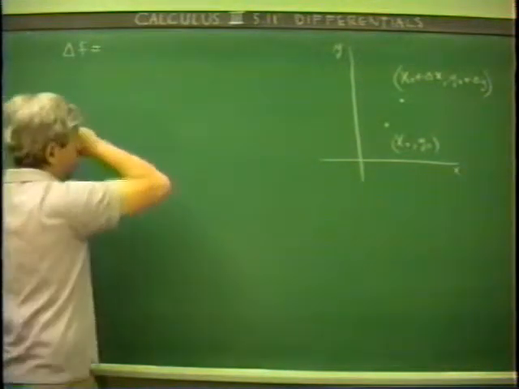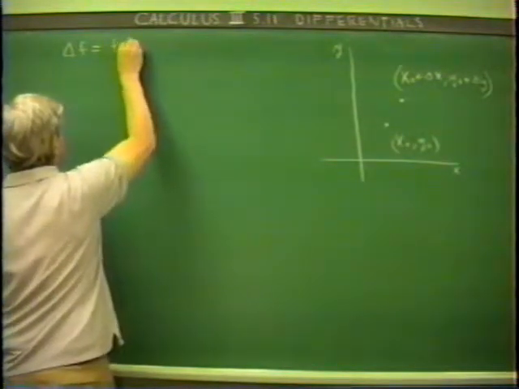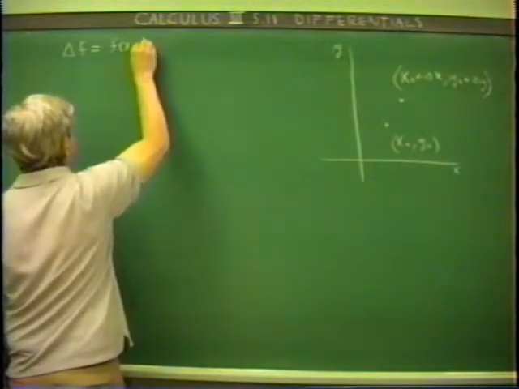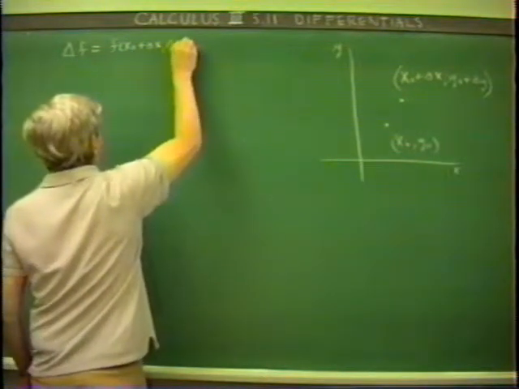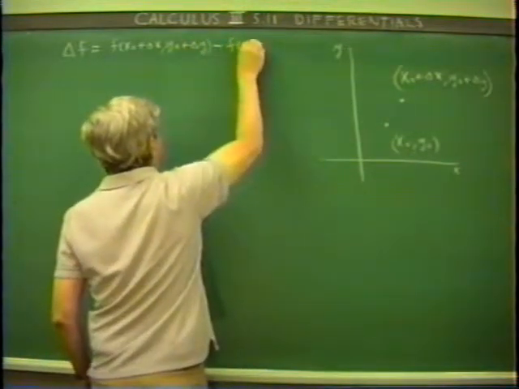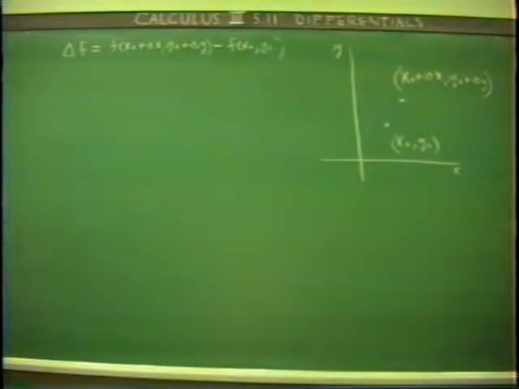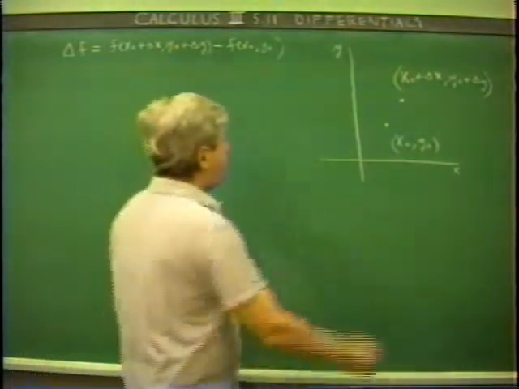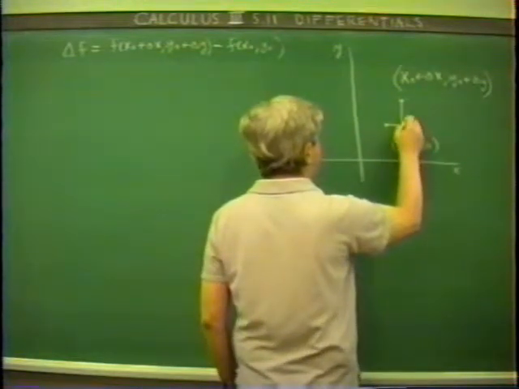Then delta f is equal to f of x naught plus delta x, y naught plus delta y, minus f of x naught and y naught. This is the actual change in f.